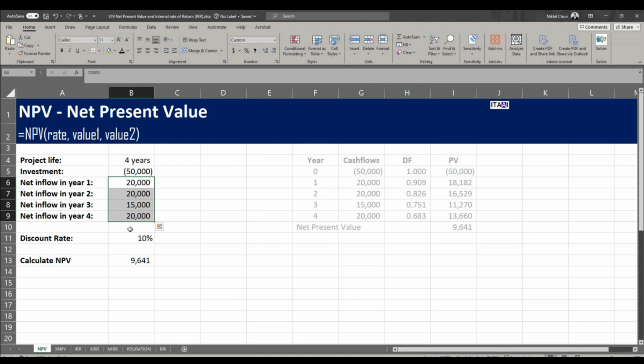But in the business world, oftentimes the discount rate, or things like inflation rate or some other hidden taxation and so on get ignored. And that's the reason why we should be using some kind of rate against which we are comparing the inflow. So in this case, let's say our discount rate is 10%.